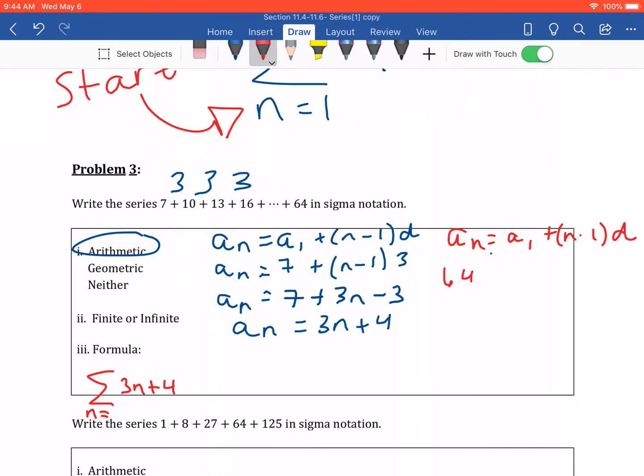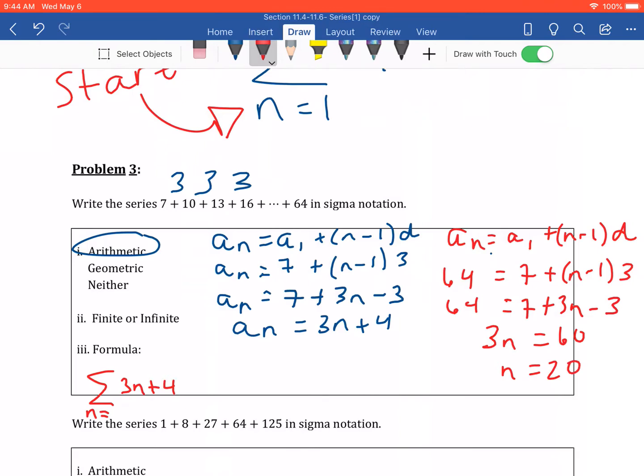We have 64 for our a sub n that's given to us in the problem, equals our starting number 7 plus n minus 1 all times d, which is 3. We're going to go ahead and simplify. 64 equals 7 plus 3n minus 3. Continue to simplify. 3n equals 60. Divide both sides by 3 and n equals 20.